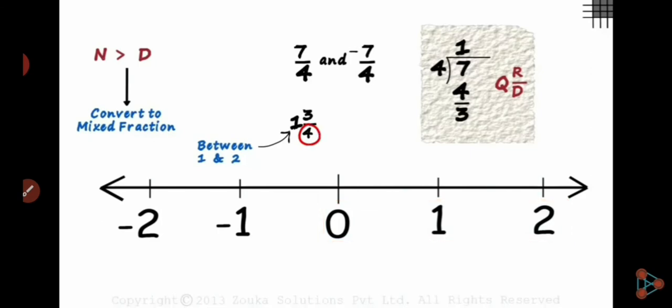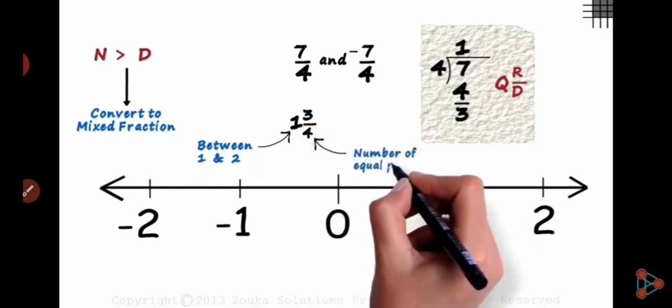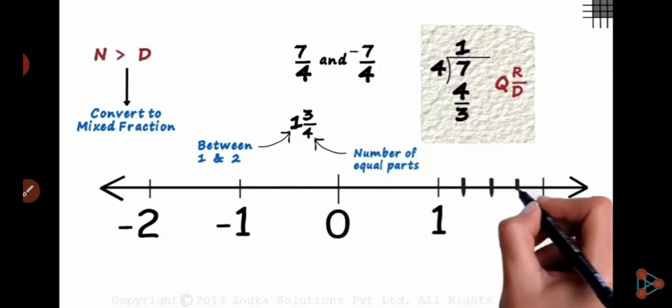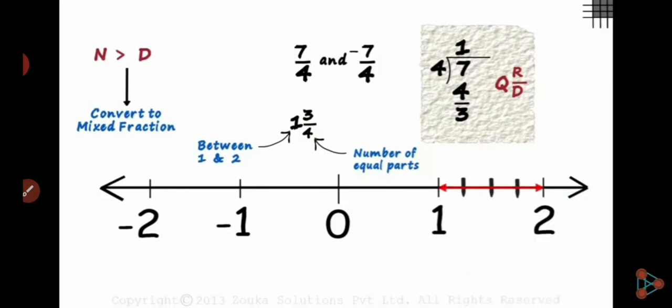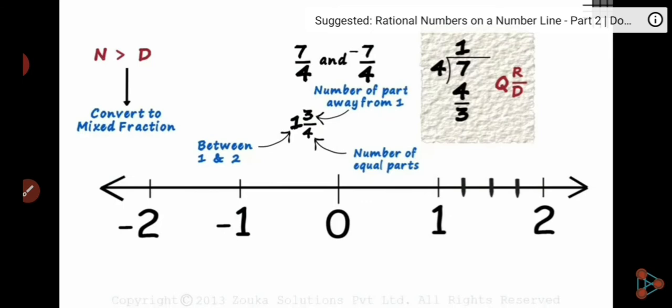The denominator of the proper fraction part tells us the number of equal parts this segment is divided into. Since it is 4, we divide this segment into 4 parts. This segment between 1 and 2 is divided into 4 equal parts. The numerator of the proper fraction tells us the number of parts from the first whole number.